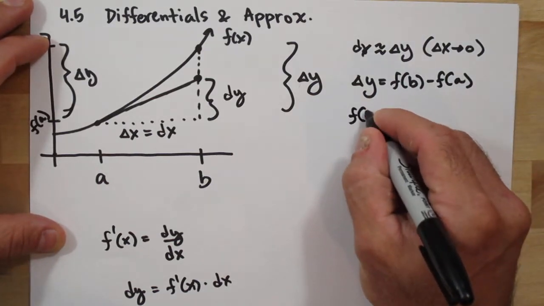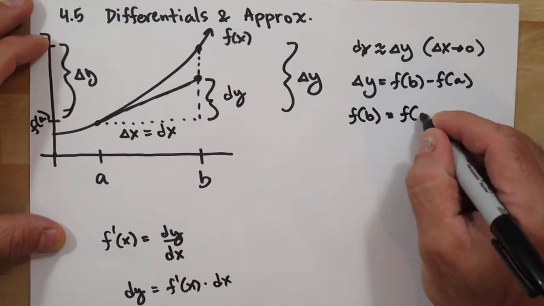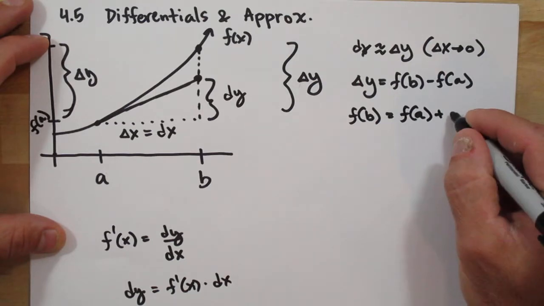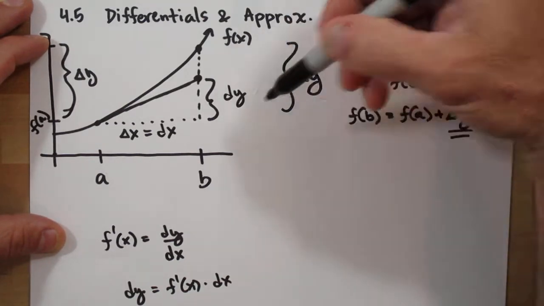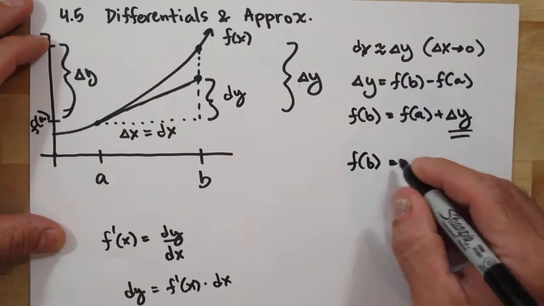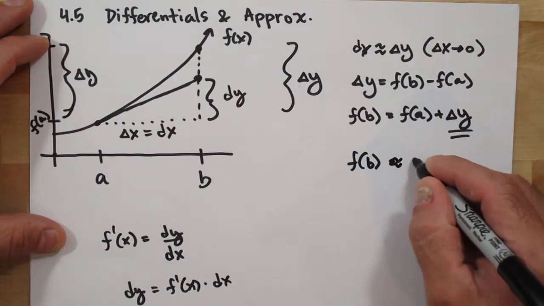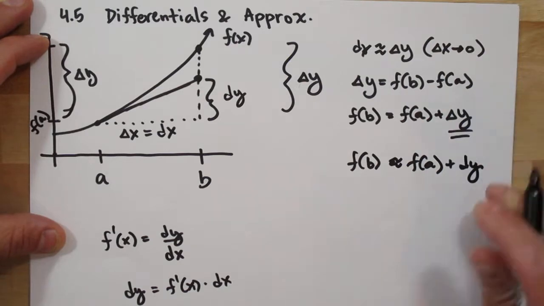Therefore, f of b is equal to f of a plus delta y. Now again, delta y can be approximated using dy, so f of b is going to be approximately equal to f of a plus dy.